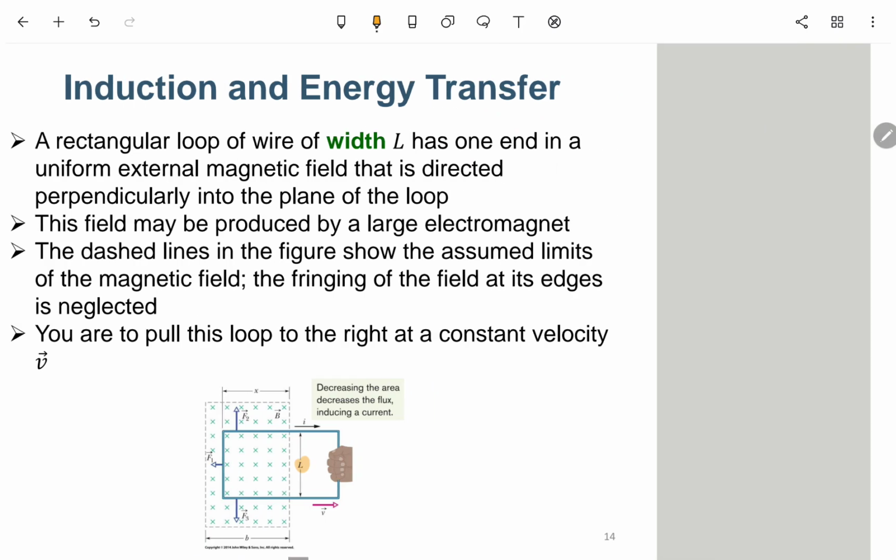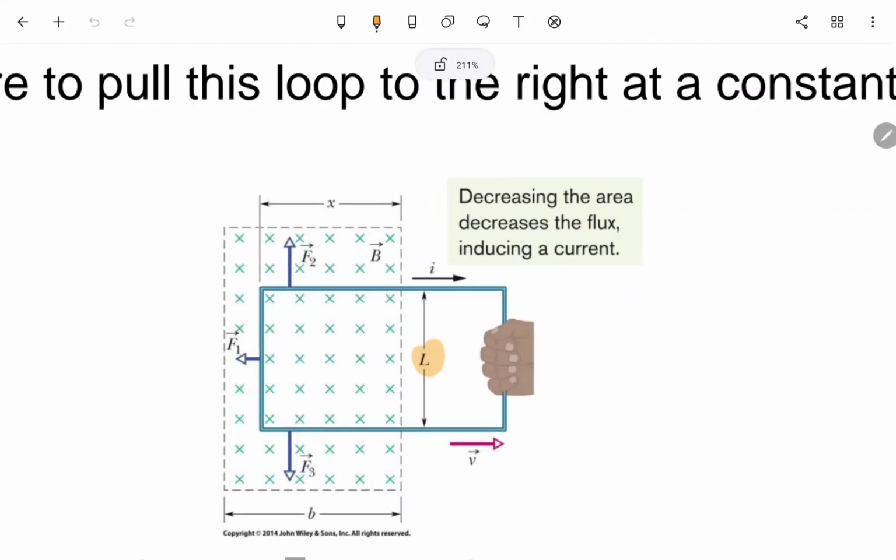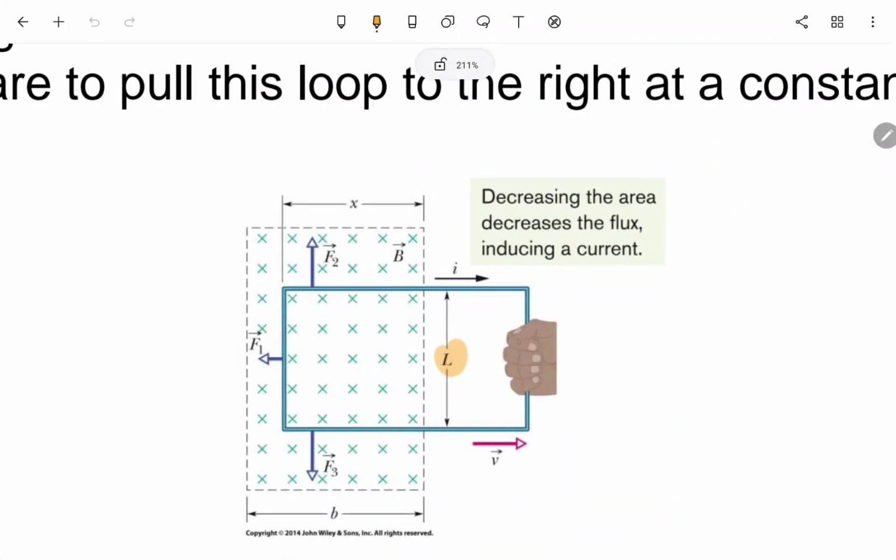According to chapter 28, the second version of the Lorentz force, we have F_B equals I L cross B. This is the second version of the Lorentz force.